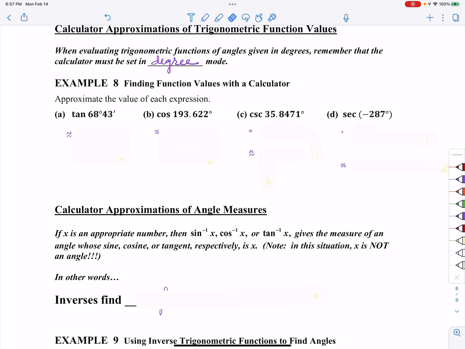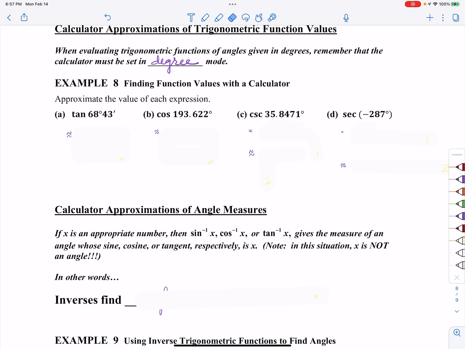It's right there next to the second button. And then you'll notice if you go down, it's 3 or 4 lines, depending on which calculator you have. You'll be given the option for either degrees or radians. You just want to push enter on degrees, and for this particular set of questions that we're doing.